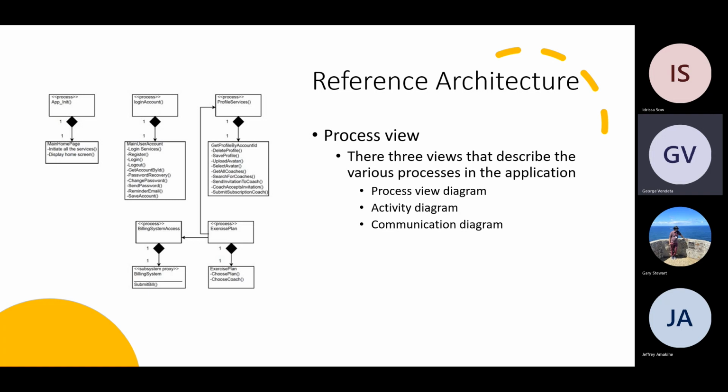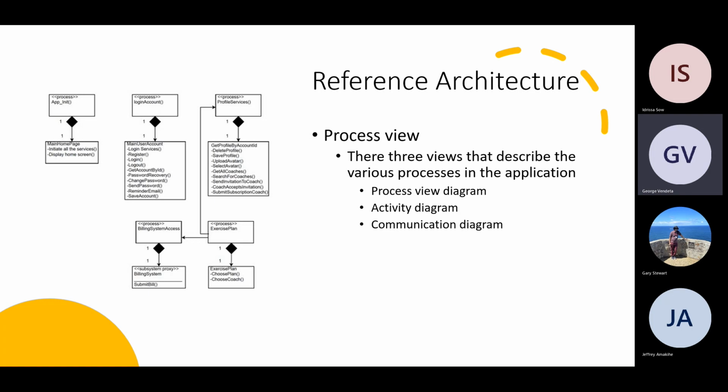Here we're looking at the process view diagram. As you can see, just a quick rundown of what it is. The process view starts with app init. It initiates the services and displays the home screen. Then you move on to the login accounts, which is the login and all the profile of the main user.